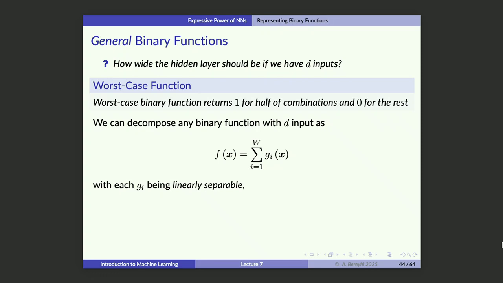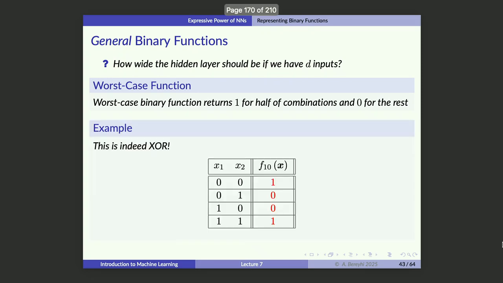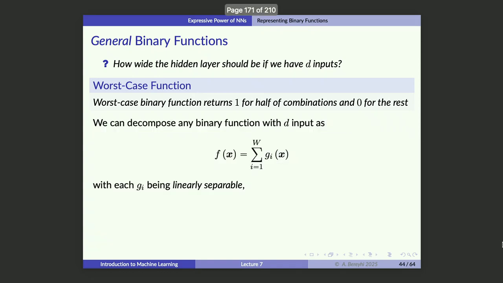Half of the number of rows in my truth table, right? So here in the truth table, I have 4 different rows. Half of them are 1. For every single one of them, I want one of those g functions, right? So here I need 2 of them. Now, if I have 2 to power d different cases, how many of those g functions do I need?